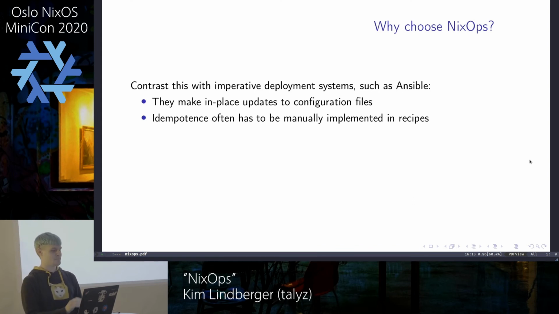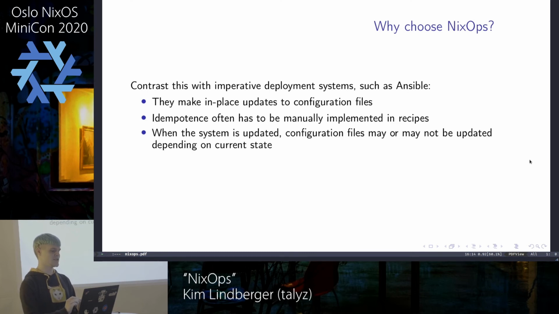Idempotence often has to be manually implemented in recipes in those systems. So checking, for every step in a recipe, whether I've already updated this configuration file, does it contain what I want it to contain? That often has to be implemented manually, so that we know we don't make a change twice and break the configuration.